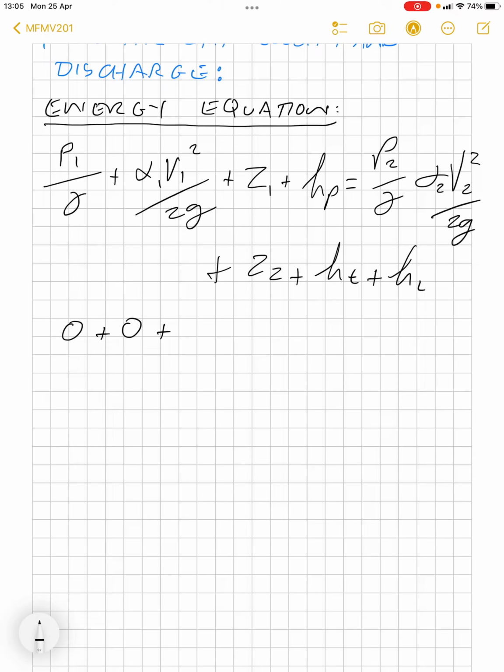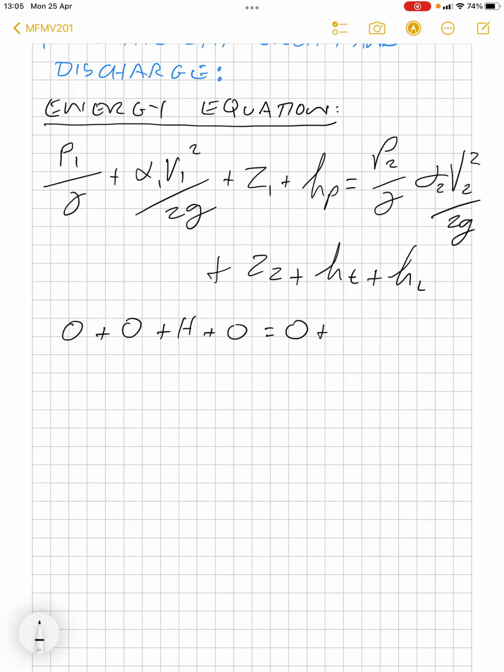We have an H value, which is the static height, and then we have a pressure head due to pressure, and because we're assuming atmospheric pressure on both sides, that's also 0. We said that atmospheric is 0 pressure.